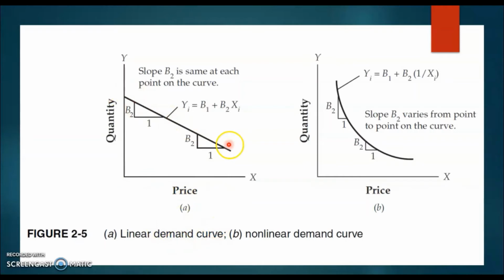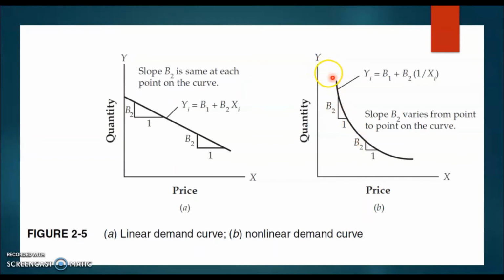Of course, here we still have an inverse relationship, a negative relationship between the quantity demanded and the price of the product. But in figure 2.5b, the relationship is non-linear.